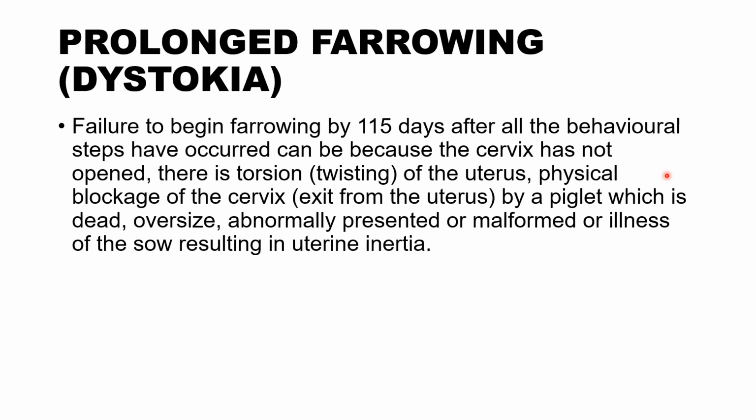One of the causes of prolonged farrowing or dystocia is torsion, twisting of the uterus. So the uterus is twisted, which is why the piglets cannot come out. Another is physical blockage of the cervix. So maybe there is a piglet stuck at the cervix.